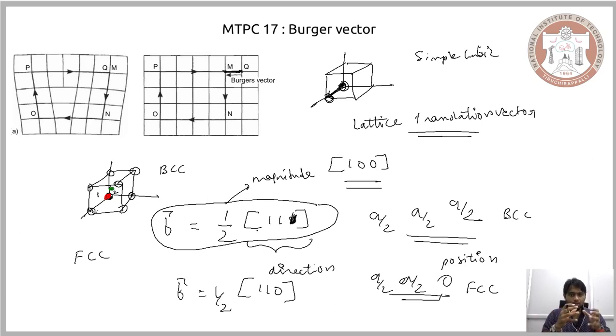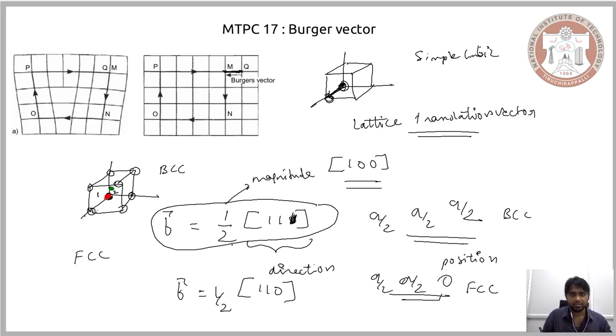Now when you want to calculate the magnitude of the Burgers vector alone, this is just the component that talks about the magnitude of the Burgers vector. This is not the actual magnitude, this is the component that talks about the magnitude.